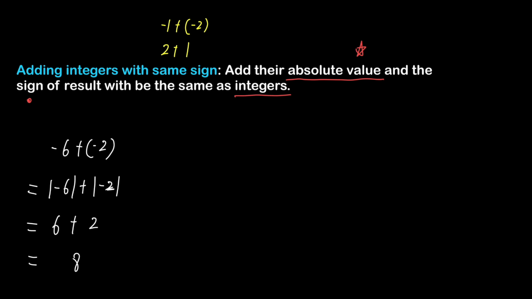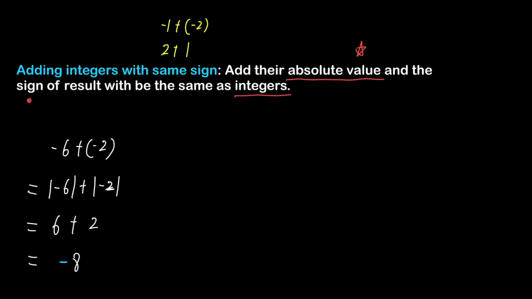You see, the sign of the result will be the same as the integers, which means if we have two negative numbers, then our final result will always be negative. So it will be -8. So typically there are two steps. Just add the absolute values and then figure out the sign, whether it's negative or positive. Just like that.